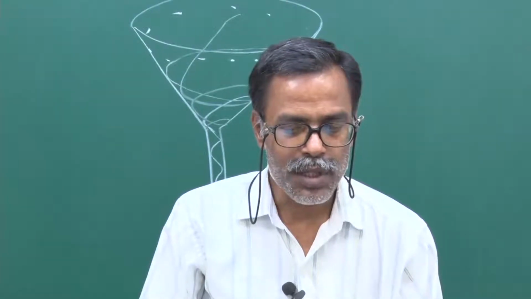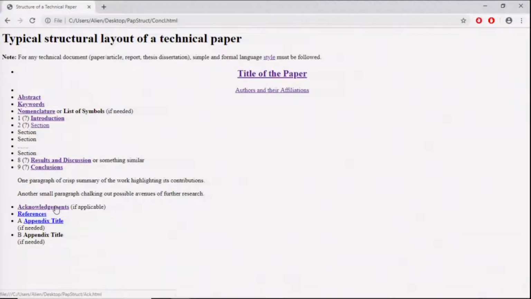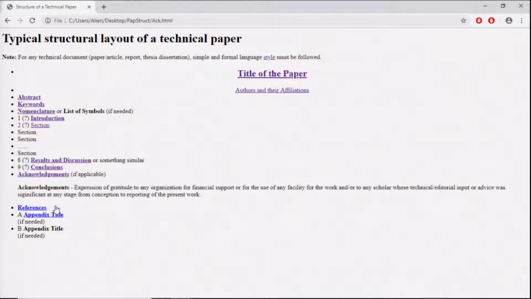Say after conclusions, the acknowledgement may be there in a paper or may not be. Now, when it is there or under what conditions it is required, and what it should contain, both are answered in the same answer.